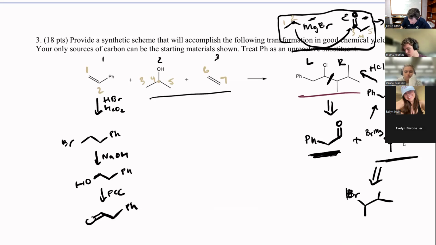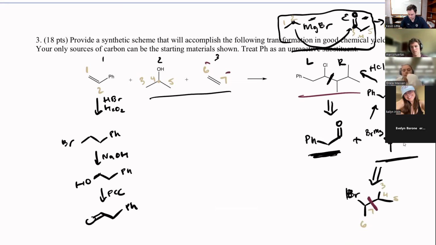Let's remap. This was 6 and 7, and then 3, 4, 5. What's my new bond, between what numbers? 6 and 7 were already together. 7 and 4. That's my new bond I have to make.